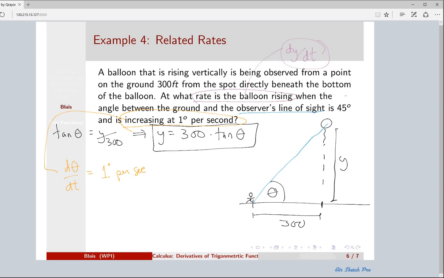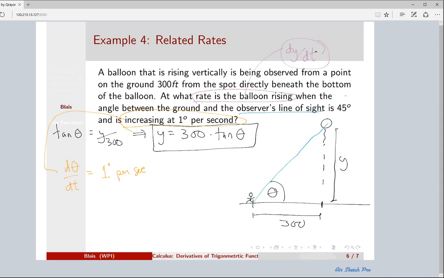So what we now have are these two rates, dy dt, d theta dt. But then we also have a relationship between y and theta.